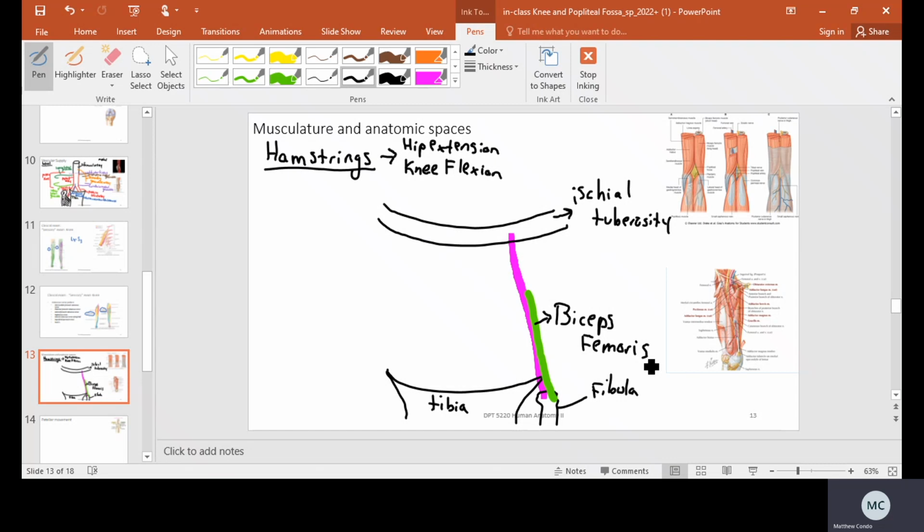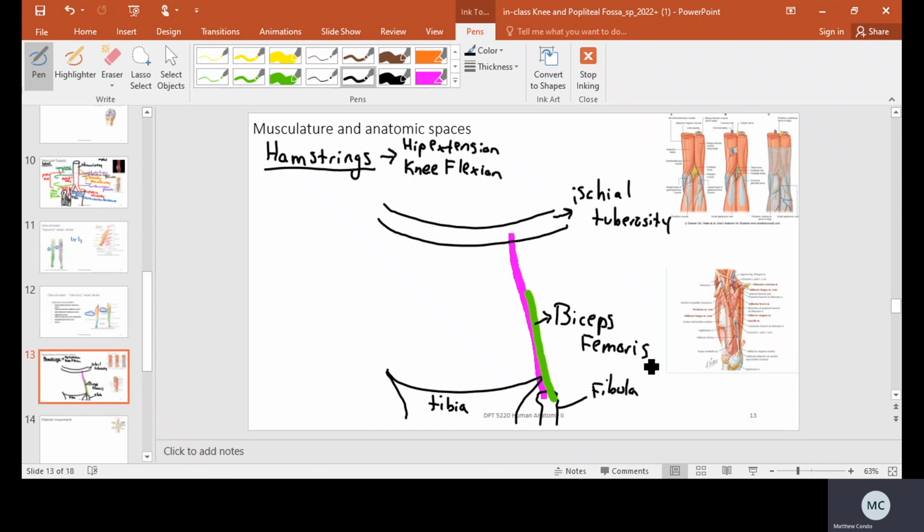Is it possible that if someone takes off during some sort of athletic contest and they feel a pop in the lateral aspect of their posterior knee, that biceps femoris is the issue? Could be.